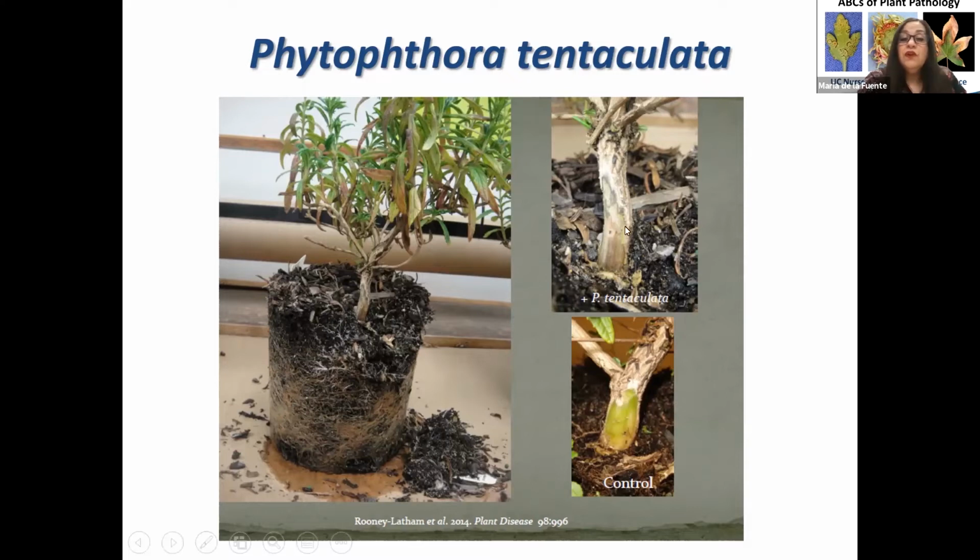If you're worried and you're looking, and this happens most often in the plants that are used for restoration, natives, when you peel at the bottom of the crown, you can see that the tissue changes color. This is the control, which is greener. And when you peel down, you can see that it is discolored and has necrotic tissue around it.